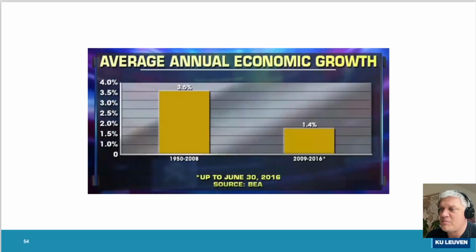A second example, this is from a tweet by Donald Trump in 2016, showing the average annual economic growth during the years that Barack Obama was the president. And again, there's quite a few issues with this plot.